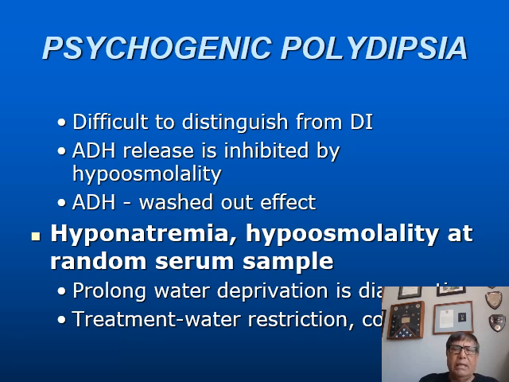The key finding, and this is the most important thing to remember, is that since there is hemodilution because of the excessive water drinking, electrolyte-wise the sodium level will be low, there will be hyponatremia, and hypoosmolality in a random serum sample, which is completely opposite to either nephrogenic diabetes insipidus or central diabetes insipidus.